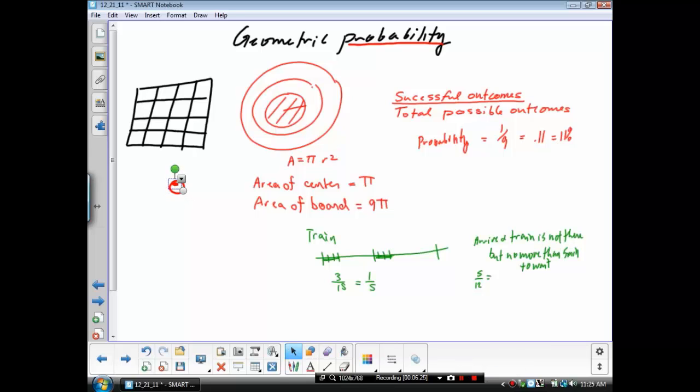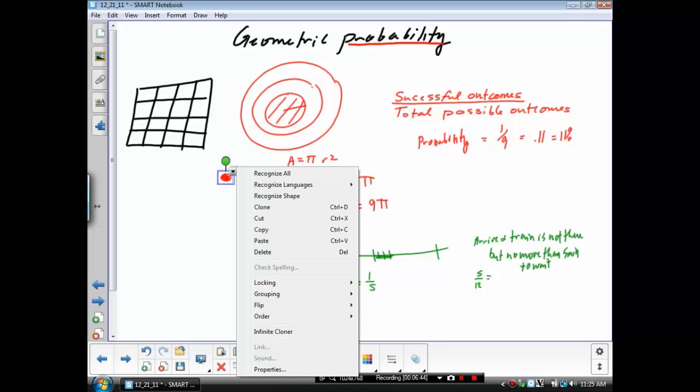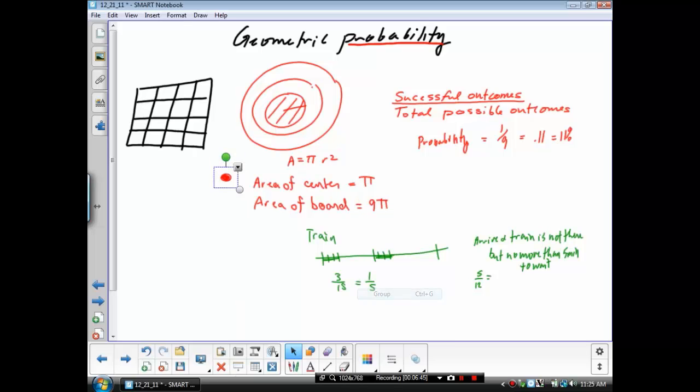So this being our nickel, and that didn't work very well. That being our nickel, the question is, what is our chance of winning?